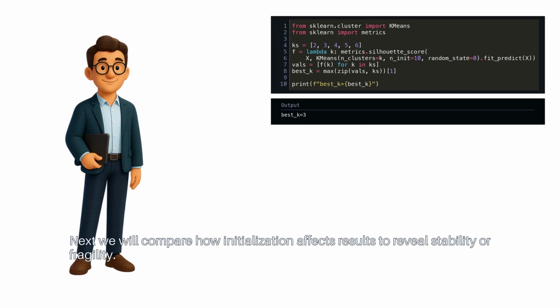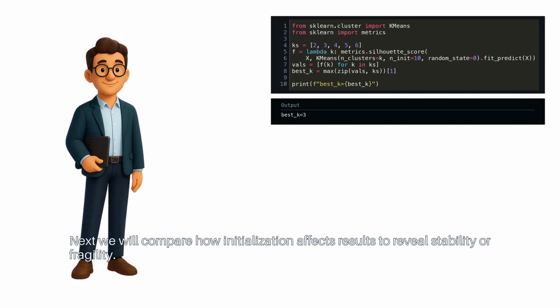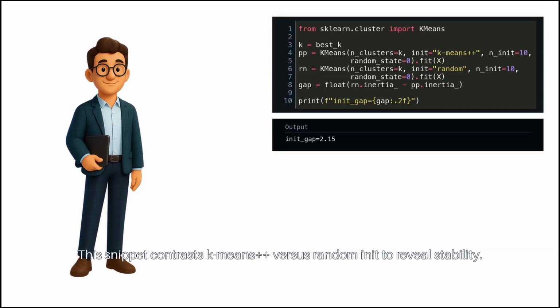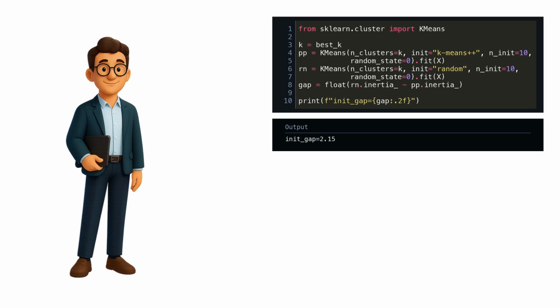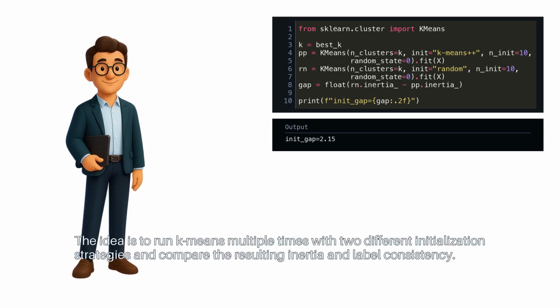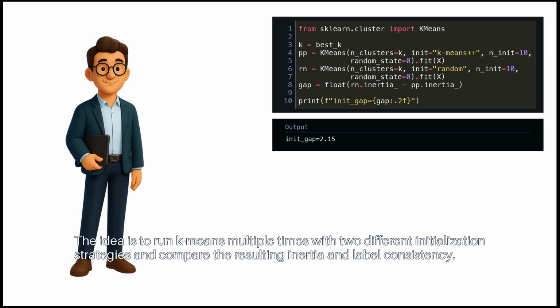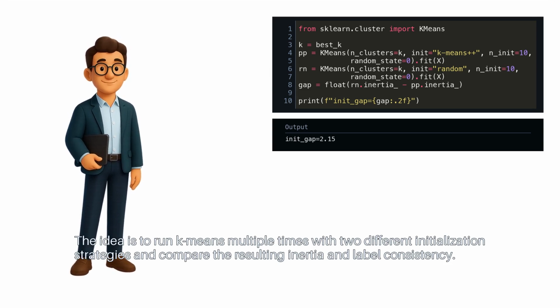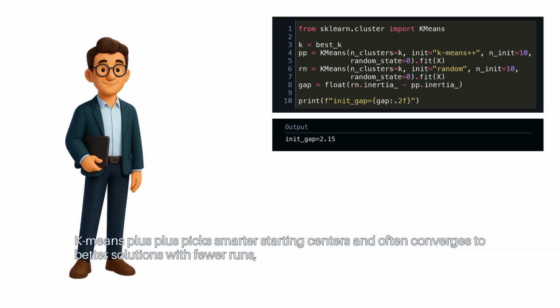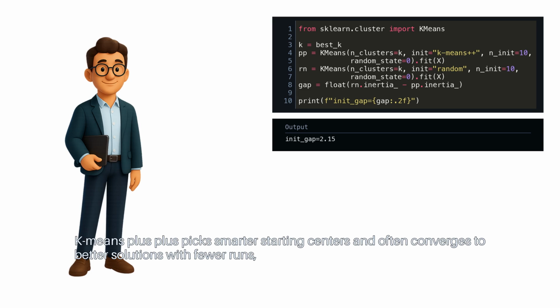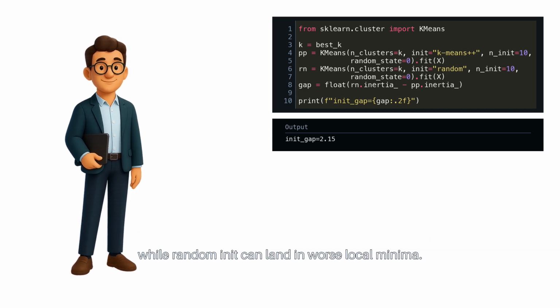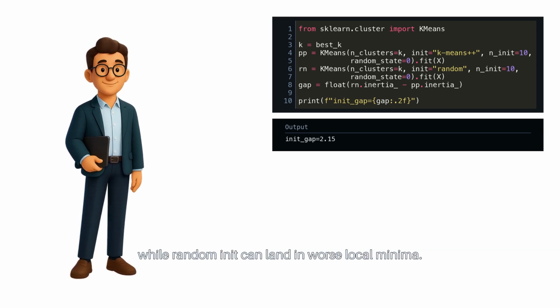Next, we will compare how initialization affects results to reveal stability or fragility. This snippet contrasts KMeans++ versus random init to reveal stability. The idea is to run KMeans multiple times with two different initialization strategies and compare the resulting inertia and label consistency. KMeans++ picks smarter starting centers and often converges to better solutions with fewer runs, while random init can land in worse local minima.